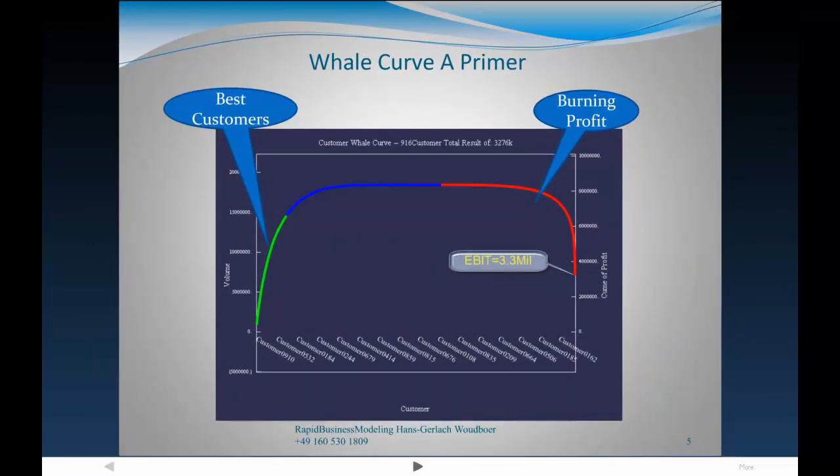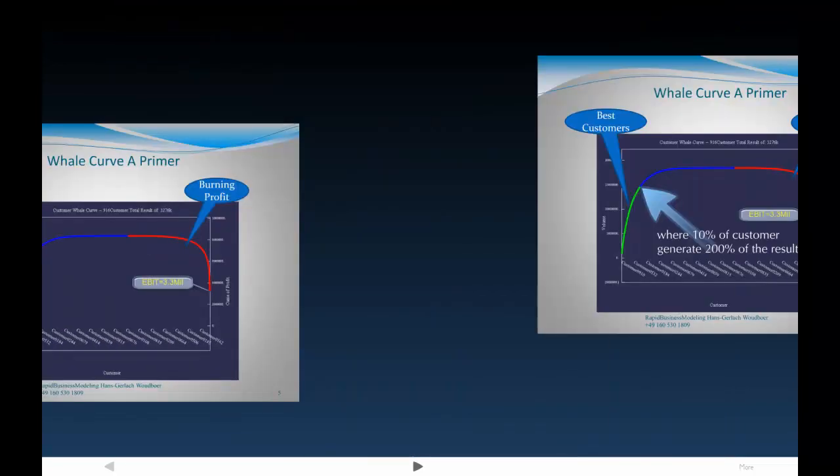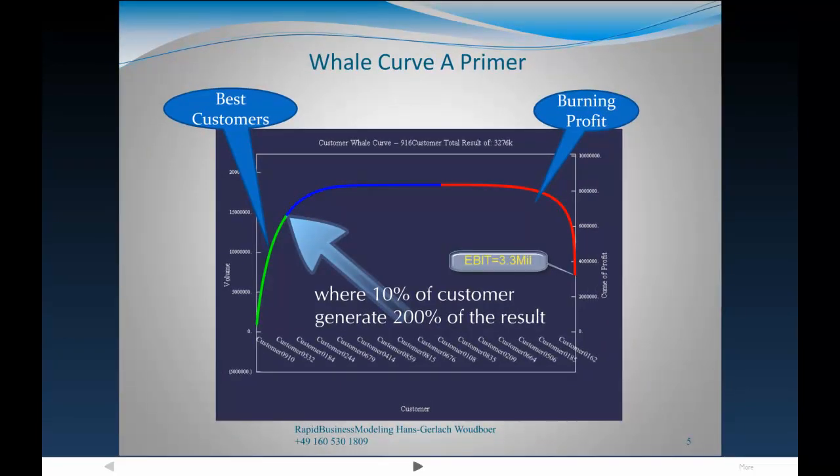So another visualization tool, as you might have heard of, is the whale curve. So here you see the best customers and customers who don't contribute a lot, and here around about 40% of the customers who burn your accumulated profit down to your EBIT of 3.3 million. So here you see the details.